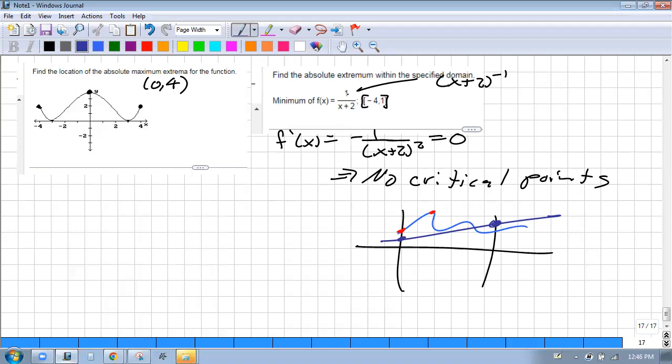So the endpoints here are going to be your minimum and your maximum. To see which is a min or a max, just plug them in. Find out what f(-4) is and f(1) is. Whichever one's bigger is the max, whichever one's less is the minimum. Does that make sense? Yeah? Okay.